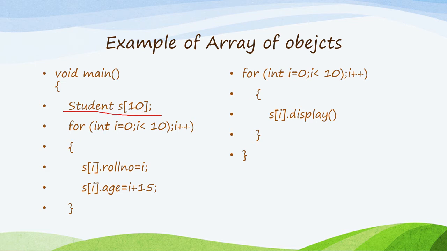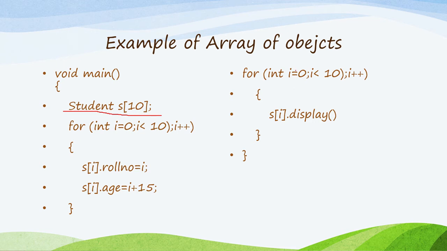To use these objects we need a for loop here. I will initialize from 0, it will go up to 9, and every object will initialize its members. And if we want to display all the members of the class for different objects, again we will need to use the for loop.